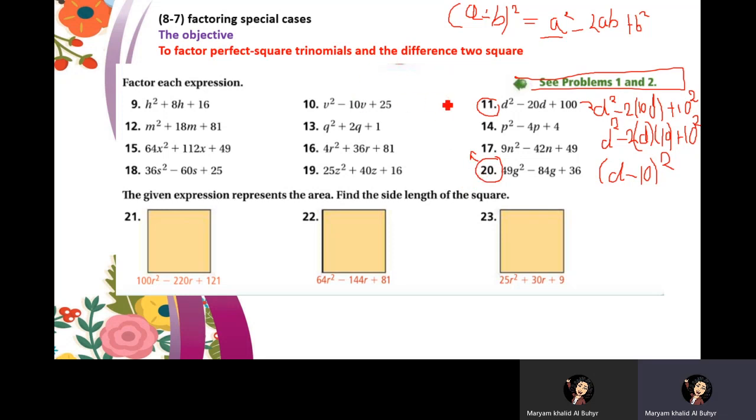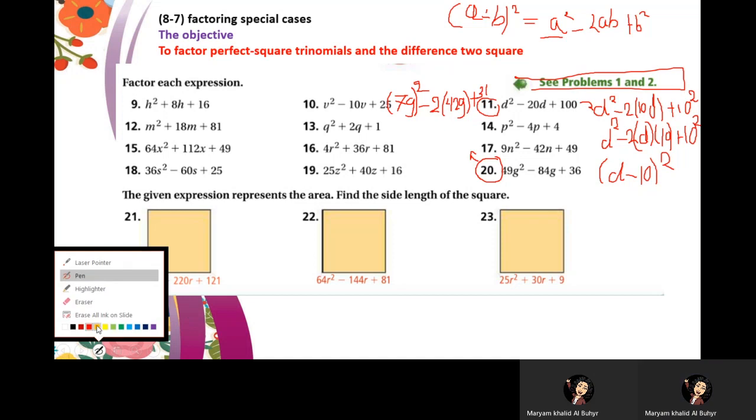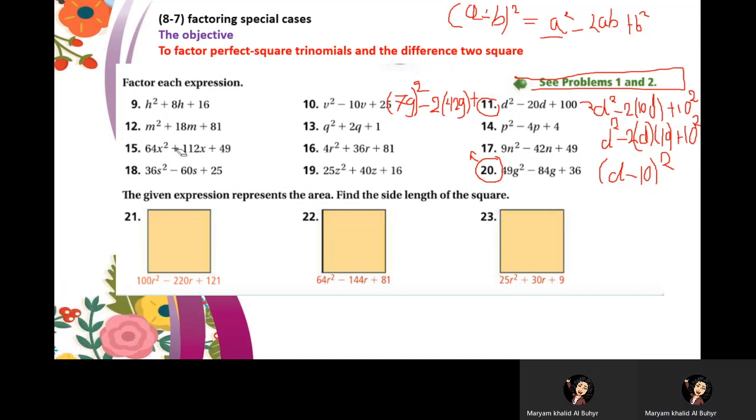Let me do 20 with you. In 20, I have 49. I'm going to write 49 as 7g, all this to the power 2. Now, minus. Again, I will try to separate the 2 first. 2 times 42g, plus 36. Not 36, I will write 6 to the power 2.